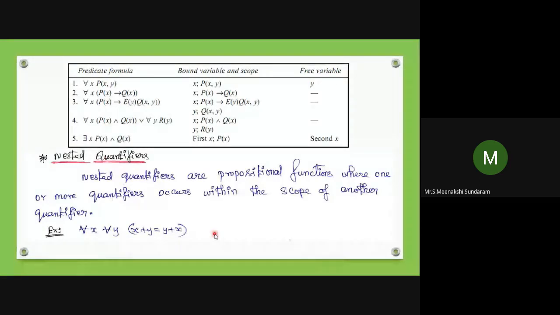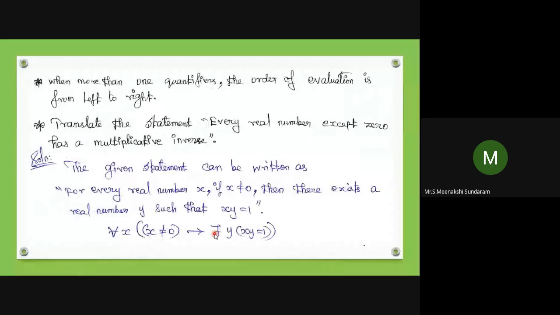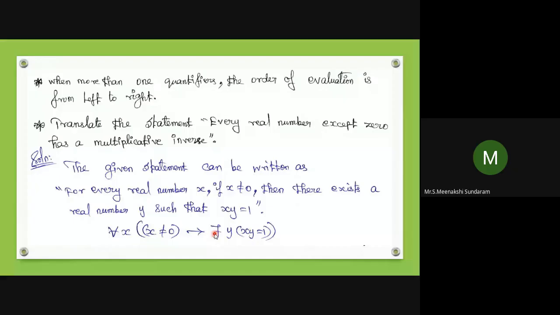Some more examples. When there is more than one quantifier, the order of evaluation is from left to right, because we have already studied the order of preference for conjunction, disjunction, negation, conditional, biconditional. I told you the order of preference in the first class. We can write the first symbol as negation, then conjunction, then disjunction, conditional, biconditional.